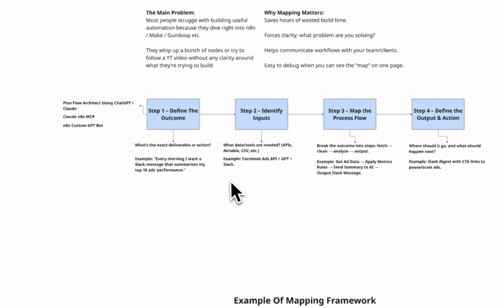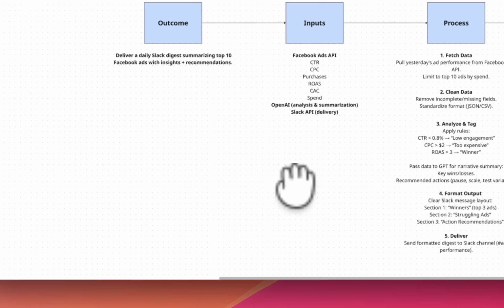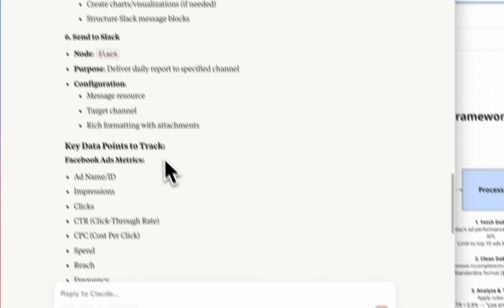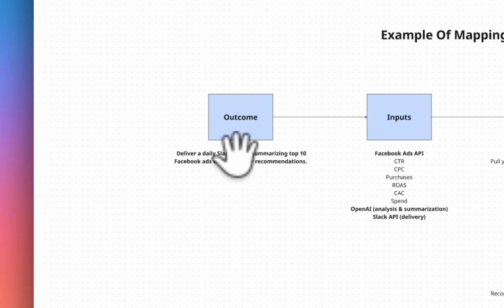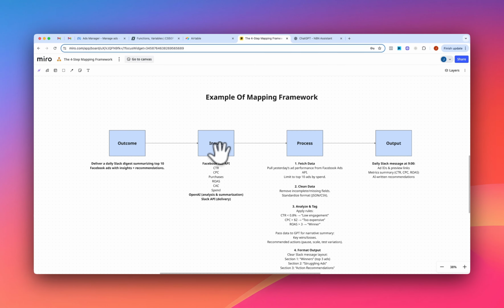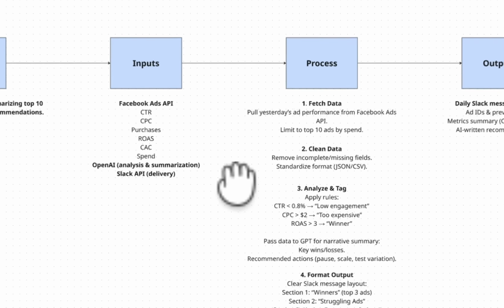I just have, again, the same process. And you can see how similar this flow that I built out on my own was to the one that Claude gave right here in terms of the step-by-step, right? Where you have the outcome: deliver a daily Slack digest summarizing the top 10 Facebook ads with insights. The inputs would be the Facebook ads API, OpenAI for the analysis and summarization, and then the Slack API for the delivery.